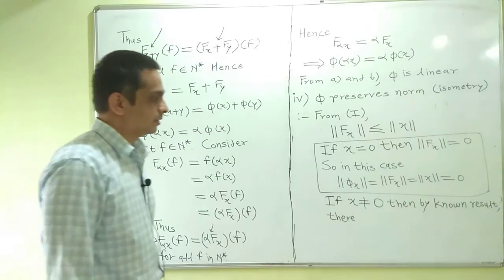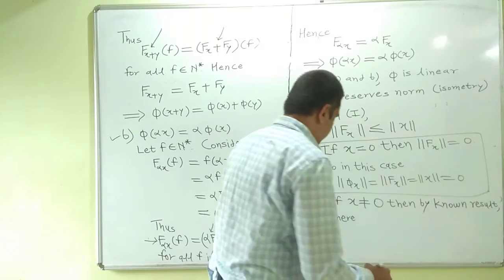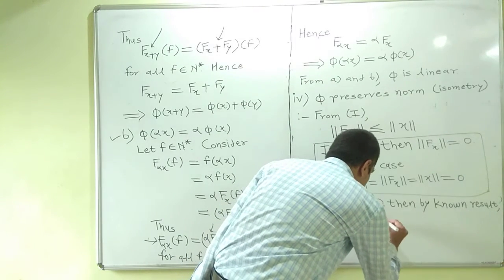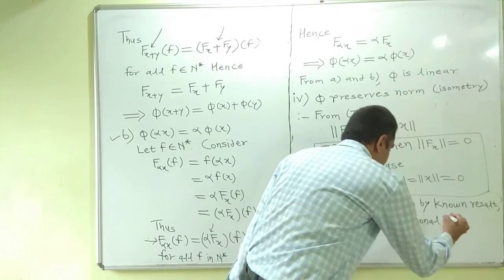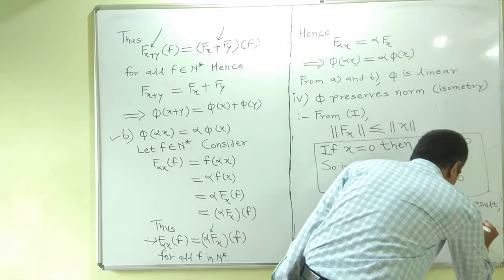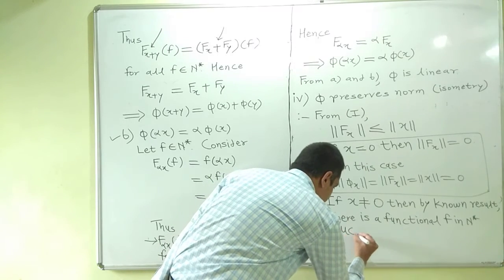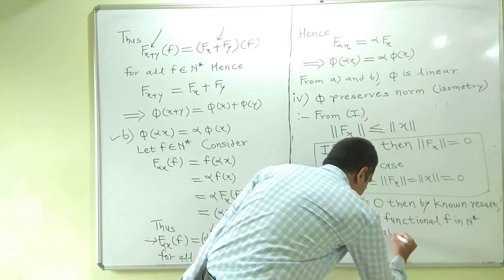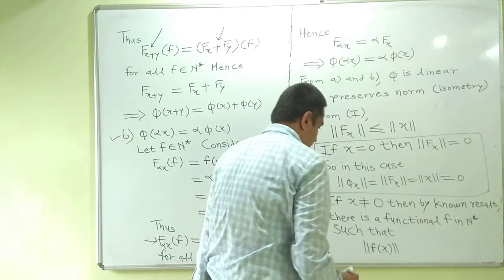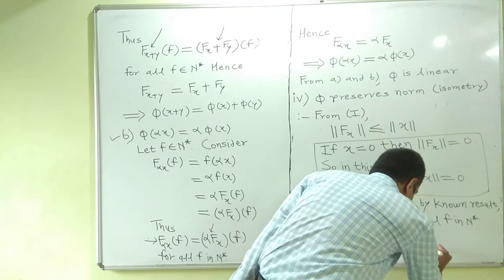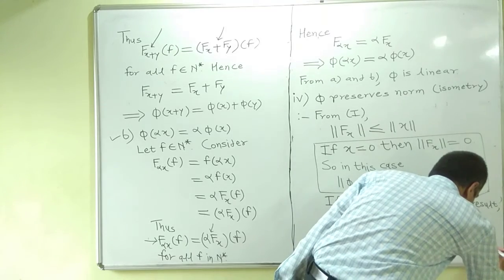If possible, I'll request you to refer to the lecture in which we have obtained this result. There is a functional f in n star such that norm of fx is equal to norm of x, and which is non-zero. So say this is the second statement.